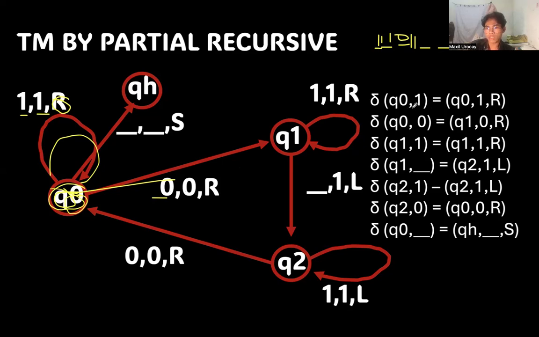So here, Q0 to Q1, R, that's the right direction. In Q0, your current symbol will be 0, you go to Q1, and your output will be 0.